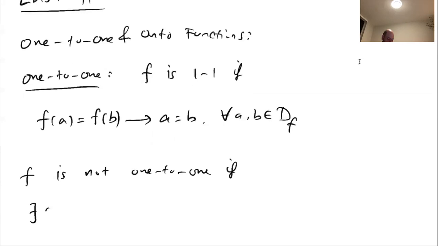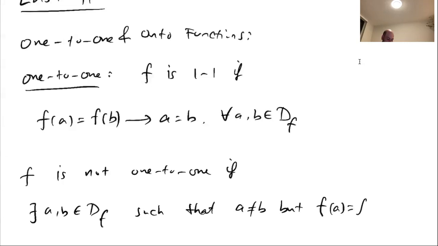If there exists a and b in the domain of f such that a is not equal to b, but f of a is equal to f of b.